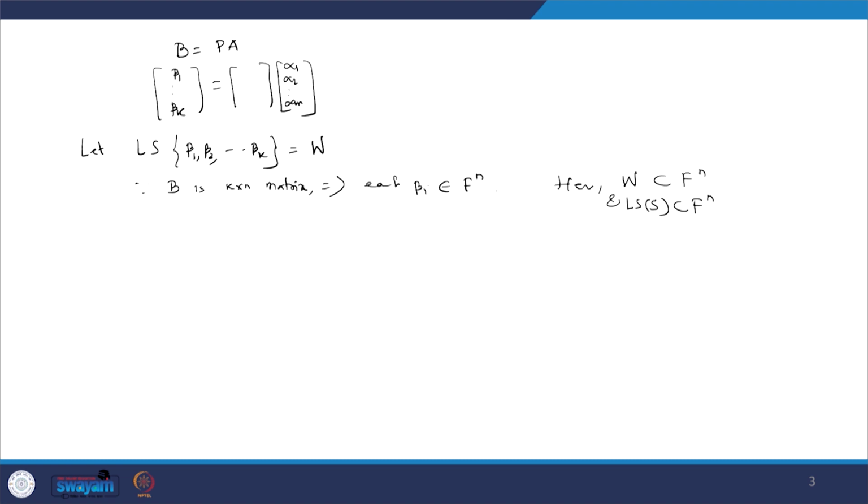Let me quickly check what beta 1 is. Beta 1 is equal to beta 11, beta 12, up to beta 1n.